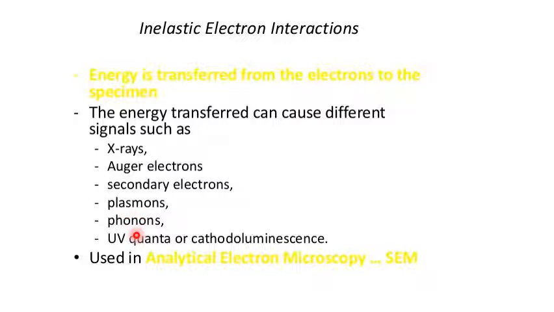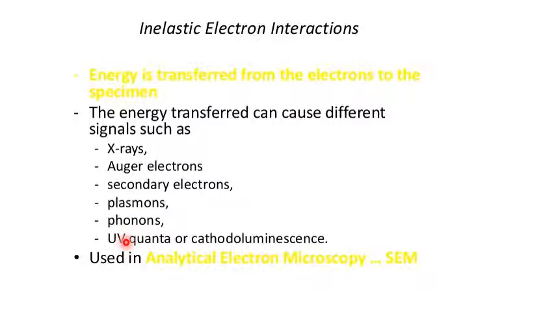And the next is phonon. Phonons can be produced when there is inelastic interaction of the specimen and the electron. And what is a phonon? A phonon is a collective excitation in a periodic elastic arrangement of atoms or molecules in condensed matter. Means the matter is excited, and in excited form it is called a phonon.